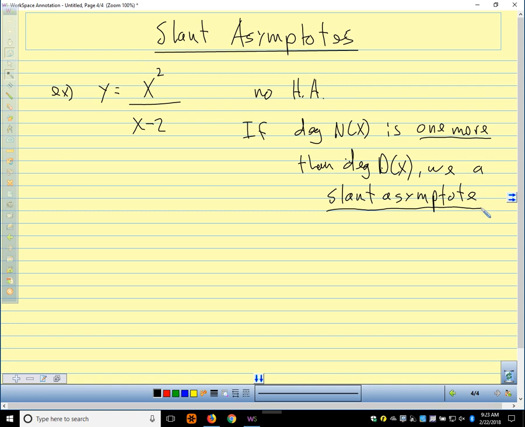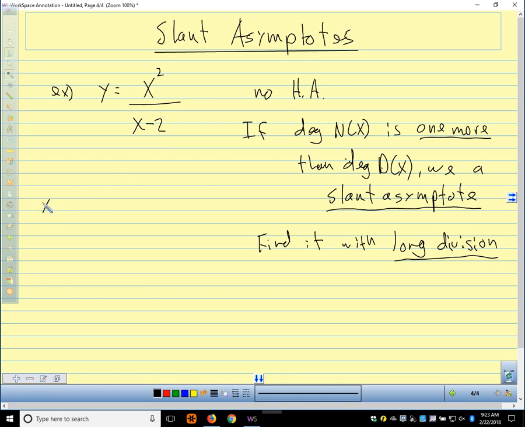Yeah, we reduce it, and by reducing, what are we doing? We're dividing. Yes, we divide. To find it, we use long division. So let's do this division.